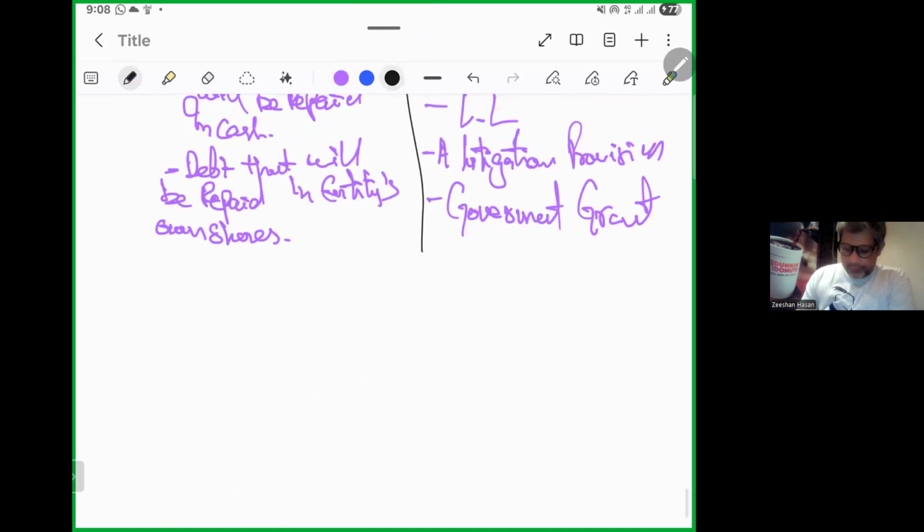Another category we have is income and expenses in the financing category.